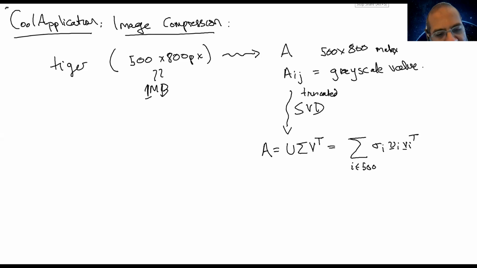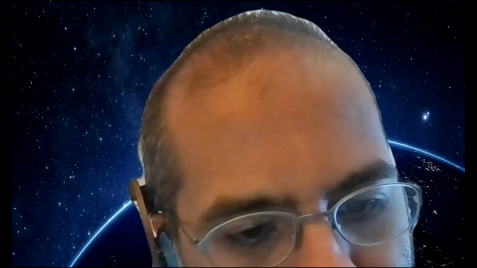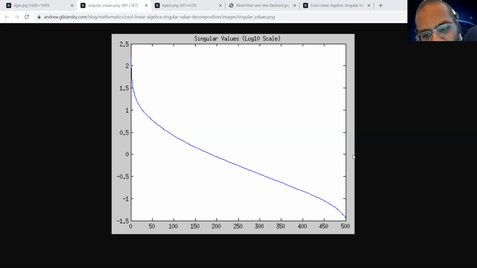Okay, somebody did that on the internet, so let me show you what they got. This is a plot of the singular values of the tiger, 500 of them, on a log scale. I took the log base 10. They're sorted in descending order.